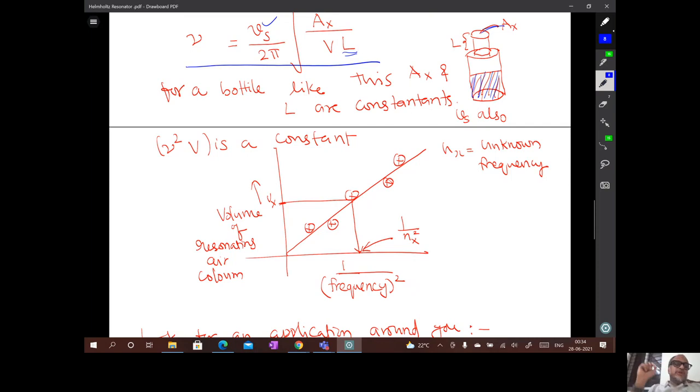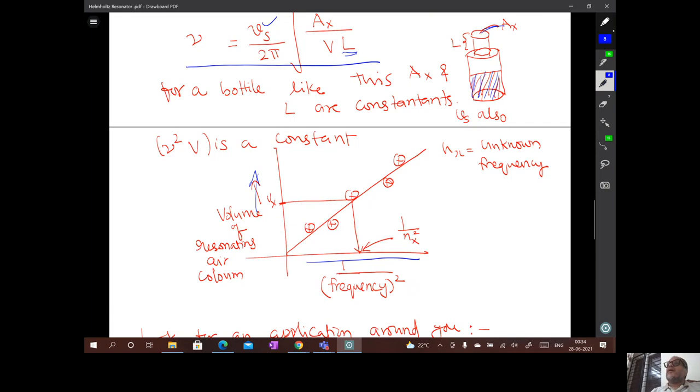Okay, now you take a graph sheet. On the x-axis you plot 1 by frequency square, and on the y-axis you have the resonating air column volume.